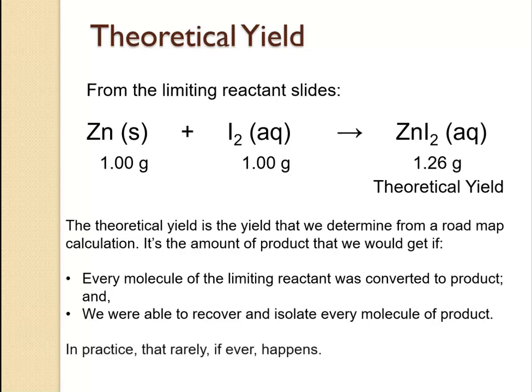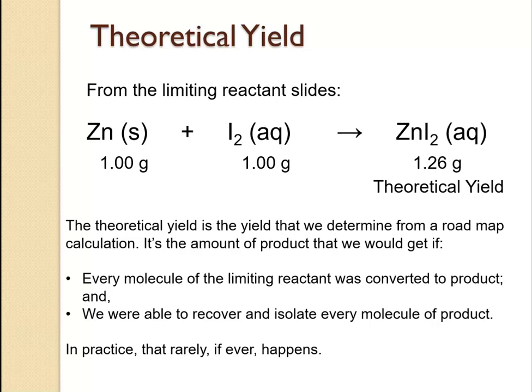In reality, that rarely, if ever, happens because there are alternate side pathways that reactions can go down, and it's also nearly impossible to isolate and purify every single molecule of the product that you make. And so it's almost invariably the case that the actual amount of material that we recover and weigh is less than the theoretical yield.